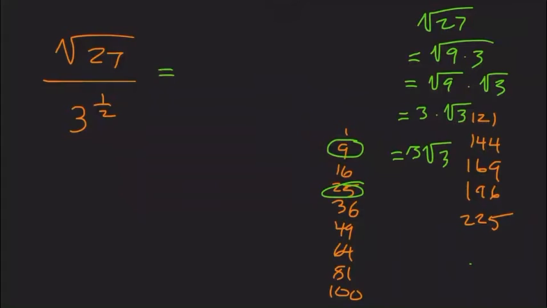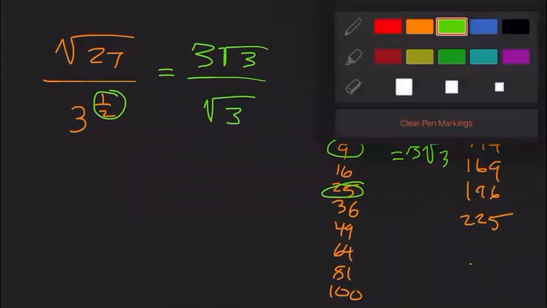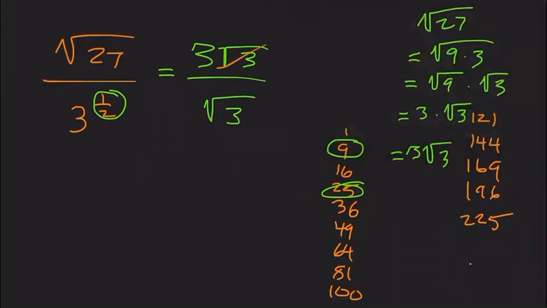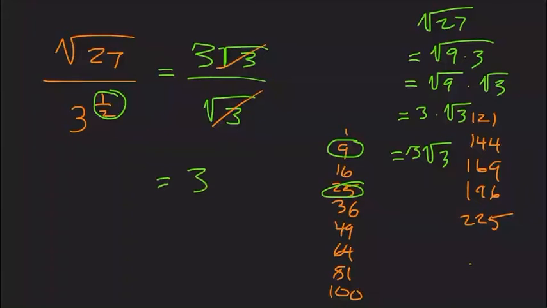So now we know we can rewrite square root of 27 as 3 rad 3. And on the bottom, we have 3 to the 1/2 power. 1/2 power is the same thing as square root. So now we have a square root 3 on top, square root 3 on bottom. They cancel out, leaving us with a 3. So let's go ahead and try a practice.